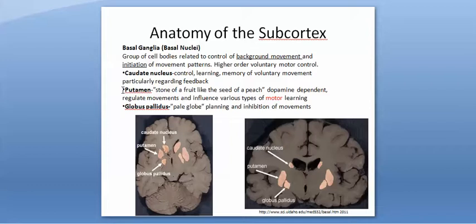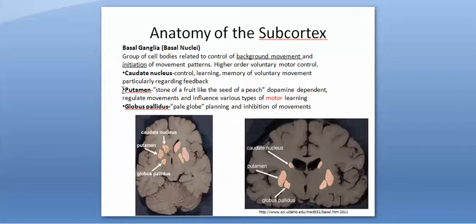Thanks for your patience. It produces dopamine, and if that structure is damaged in any way, you can't get dopamine up to the putamen, and you get Parkinson's-like symptoms. The patient is not able to initiate motor movement. Once they're moving, they continue moving, but initiating a new motor movement can't occur.